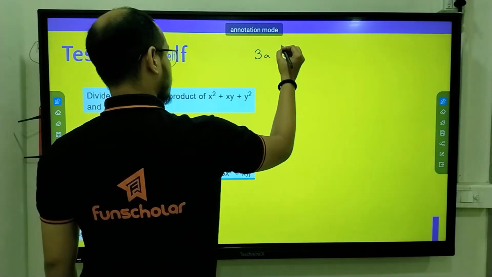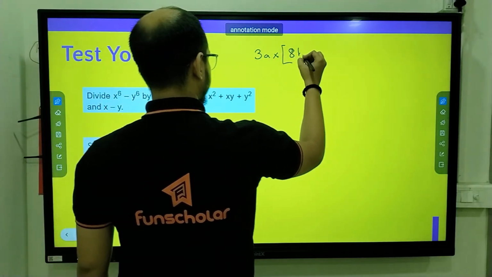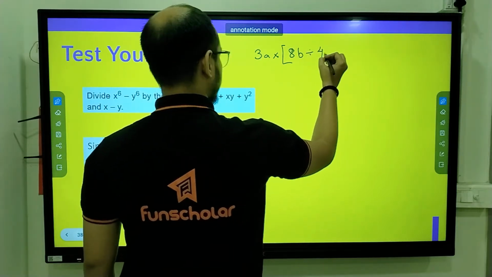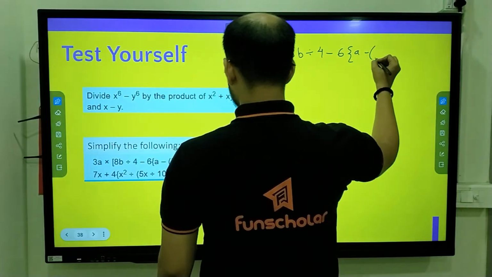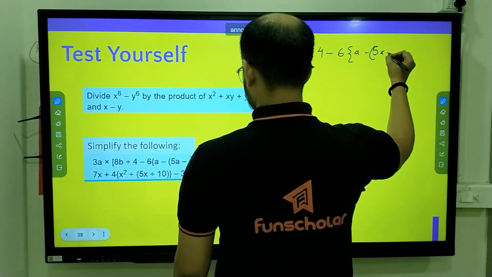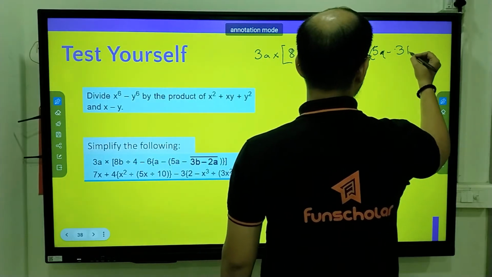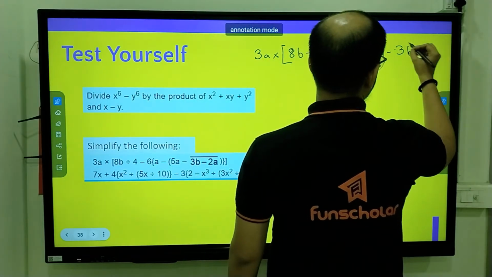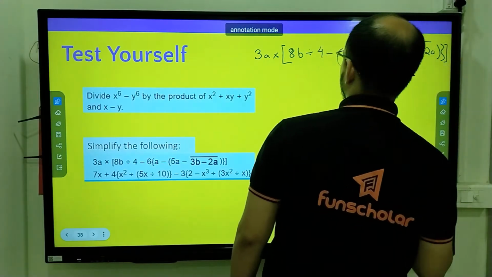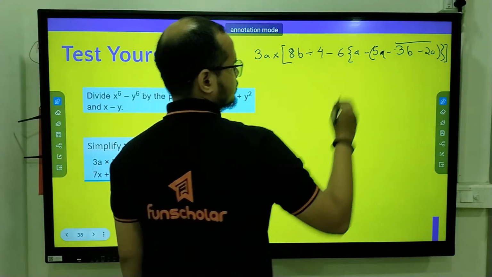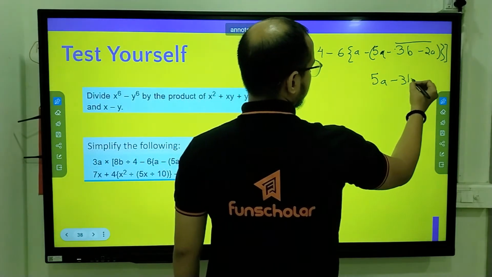3a into 8b divided by 4 minus 6a minus 5a minus, this is a, 3b minus 2a parenthesis. Okay, first step, 5a minus 3b plus 2a.